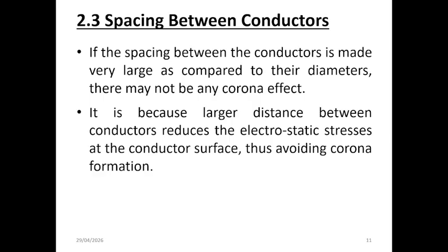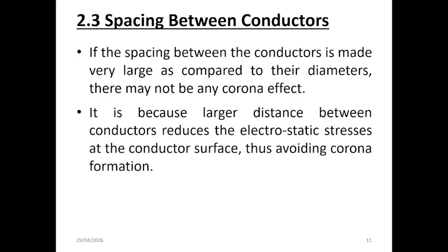The spacing between conductors is another important factor that affects the corona phenomena in overhead transmission lines. When the distance between conductors is made sufficiently large compared to their diameters, the likelihood of corona formation is greatly reduced or may even be eliminated.